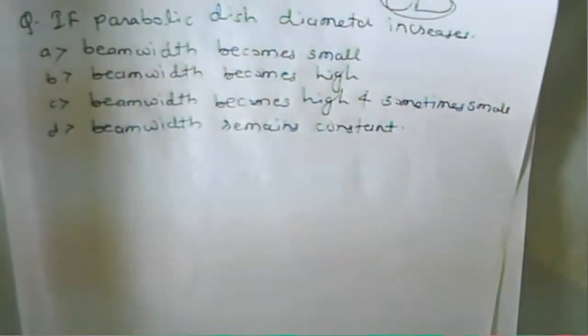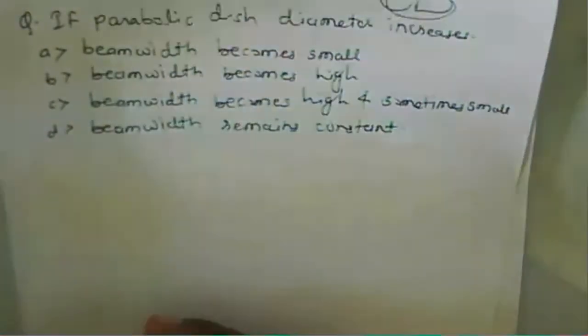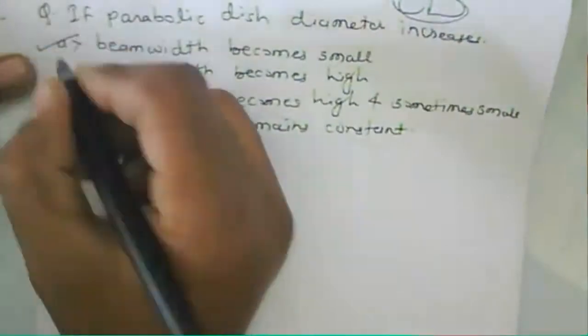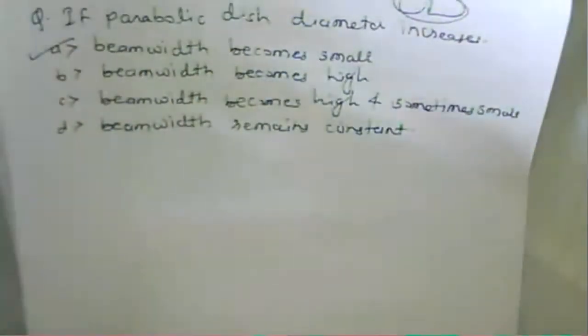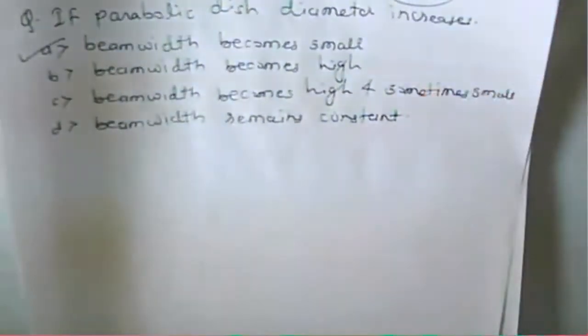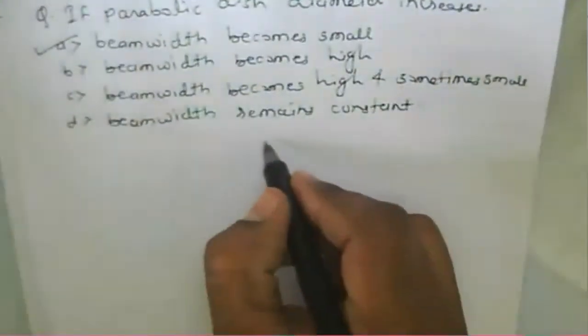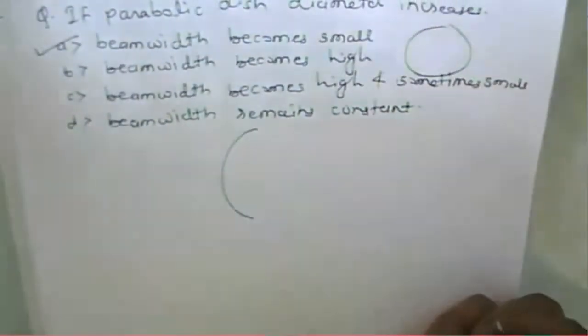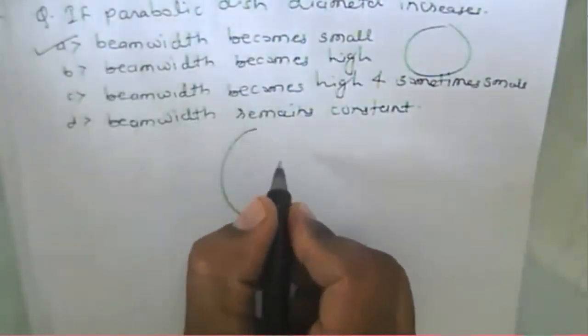what will happen to the radiation pattern for this antenna? Okay, someone says it is B here. No, the beam width becomes small, because the antenna radiation here is a parabola.